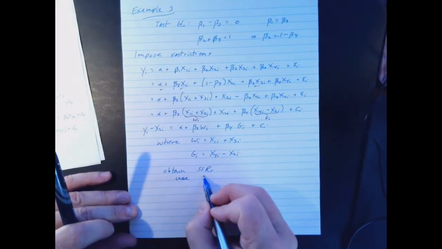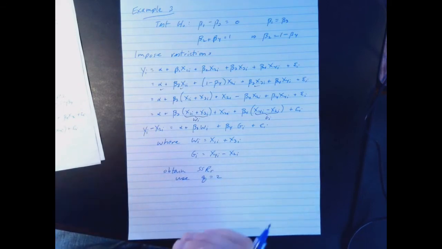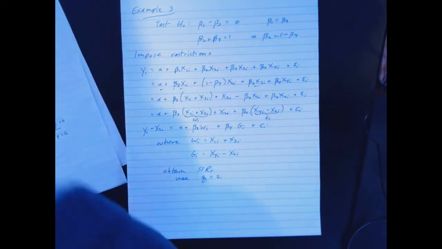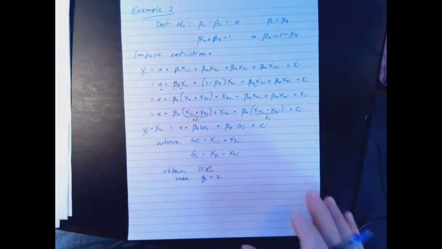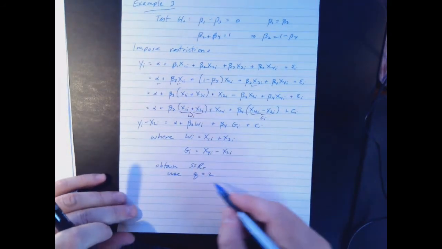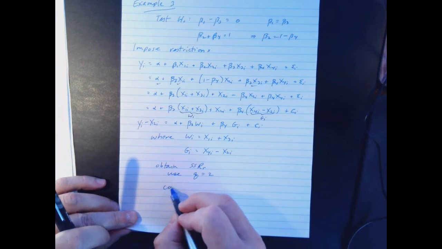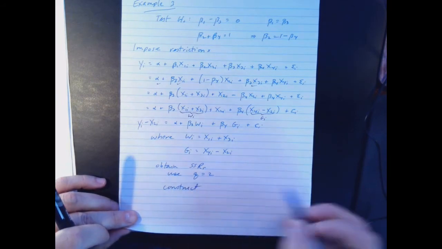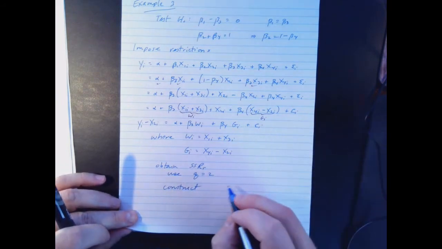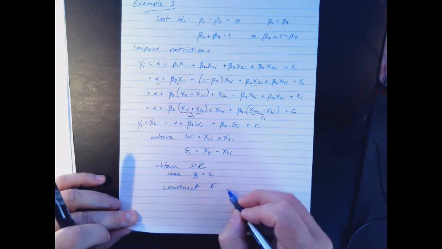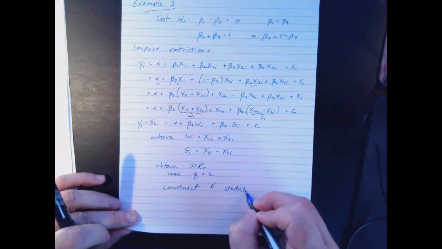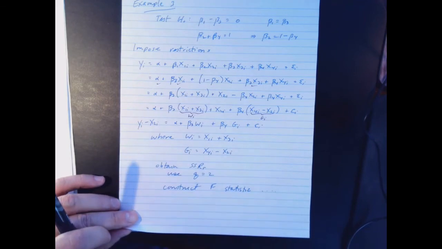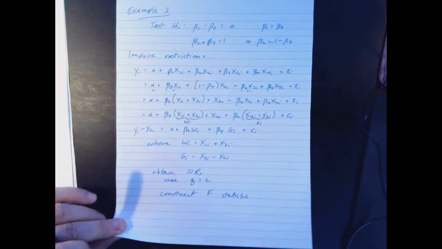And don't forget, in this case, you would use Q equals 2 and construct the F statistic using Q equals 2 and the other things that we just calculated. So we construct the F statistic and then carry on as in the previous example.